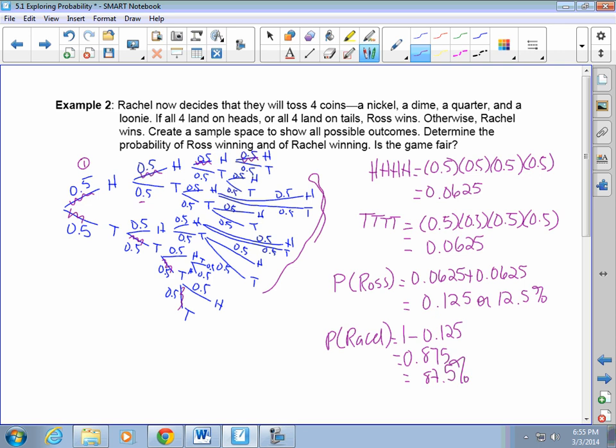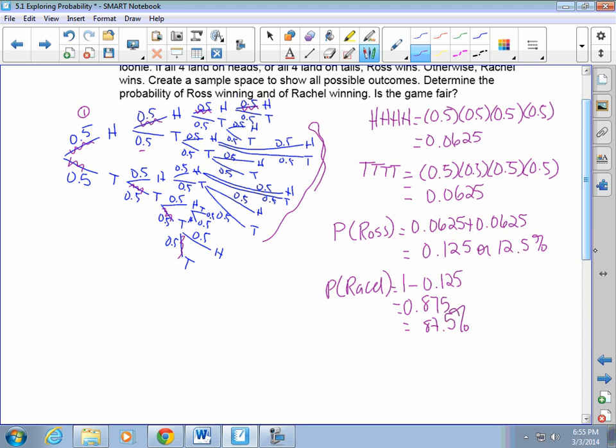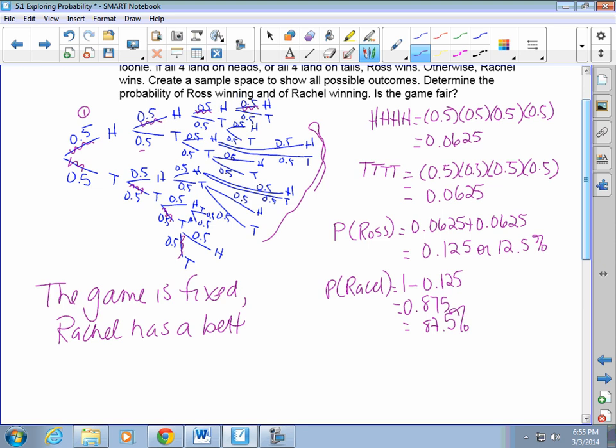Is the game fair? Well, no. The game is fixed because each outcome isn't equally likely, because you've got a restriction for Ross, where he has to get all heads or all tails. So the game is fixed because Rachel has a better chance of winning.